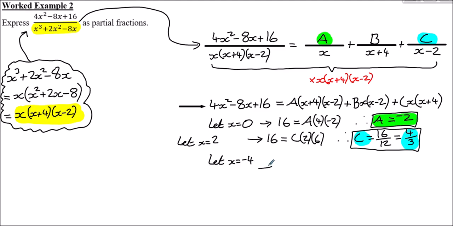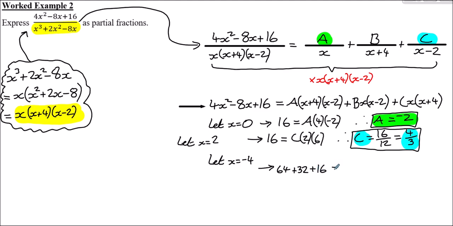If x is negative 4, 4 times minus 4 all squared, well, minus 4 times minus 4 is 16. 16 times 4 is 64. So I'm going to get 64. Minus 8 times minus 4 is positive 32. Then just plus 16.